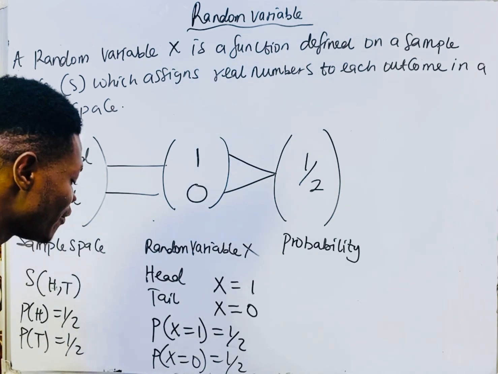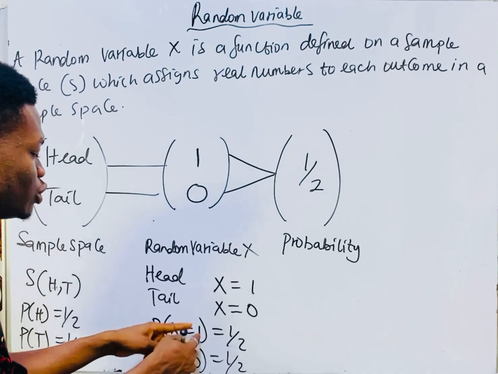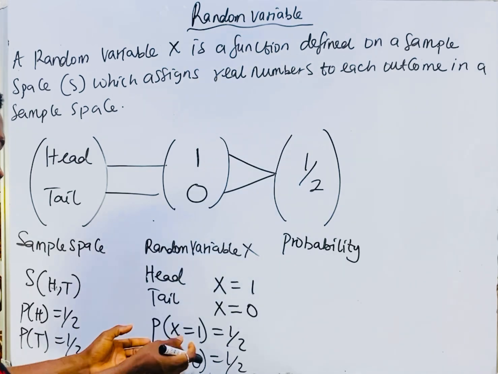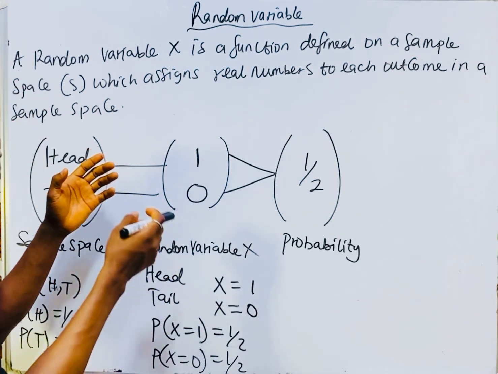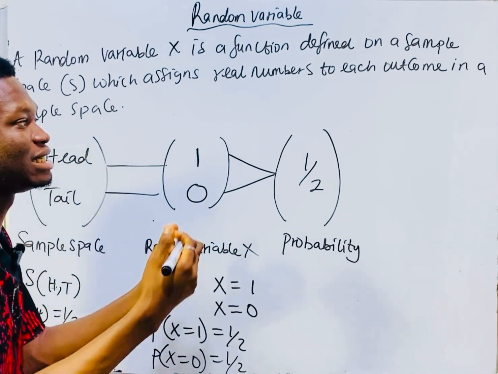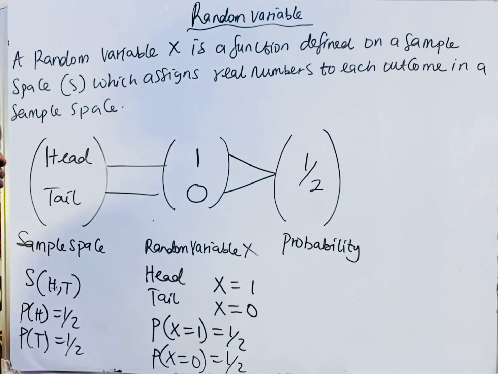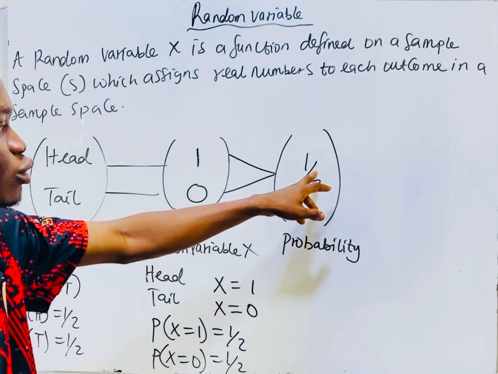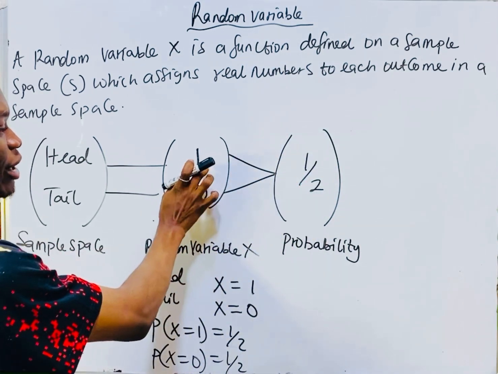You see that we have used 0 to represent our tail, and we have used 1 to represent our head. This is what a random variable is trying to tell us: that it is defined on a sample space and it assigns a real number to the outcome of that sample space. That's why we wrote 1 over 2, the probability of selecting any of these numbers.